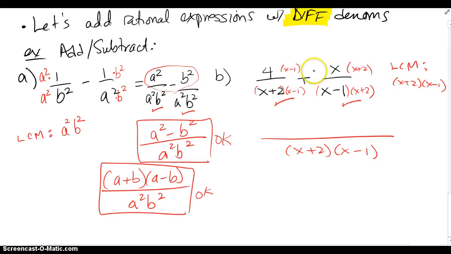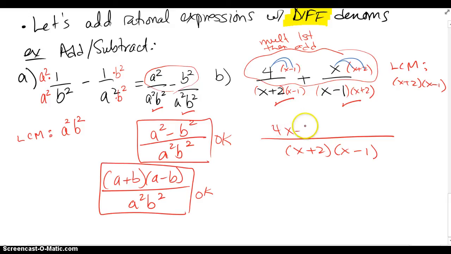Now in the numerator, I'm supposed to add these, but order of operations says multiply first, then add. So I have to distribute in the numerator and then see what addition comes about. 4x minus 4 plus, there's no negative to distribute so I'm safe, x squared plus 2x.